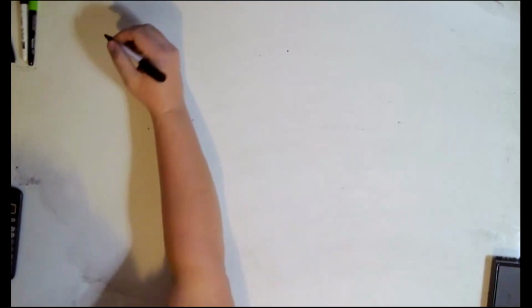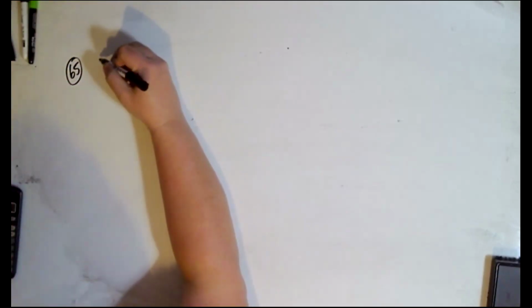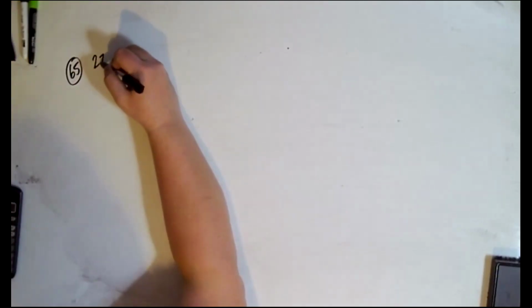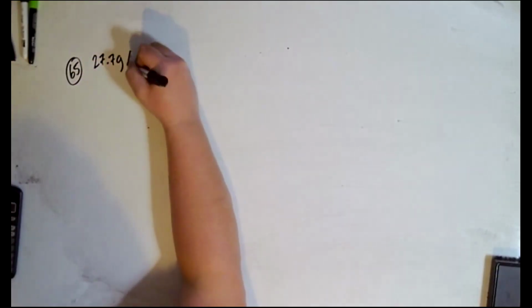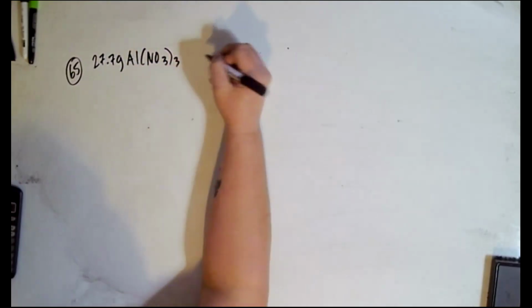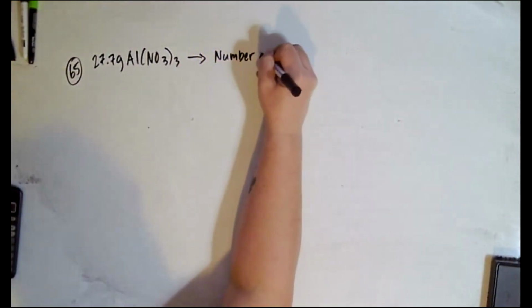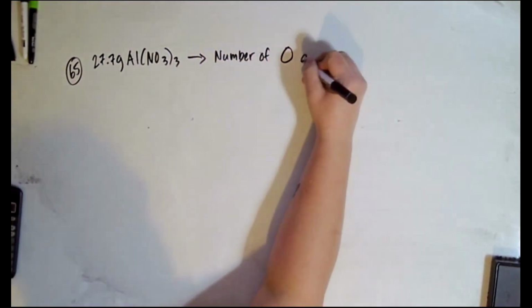Okay, so if you tried the last one and now you just watched me do the solution for it, definitely pause and try this one on your own and see if you can trace through these steps, because this is real similar to what we just did. They're giving us 27.7 grams of aluminum nitrate, and they're asking us to find the number of oxygen atoms.